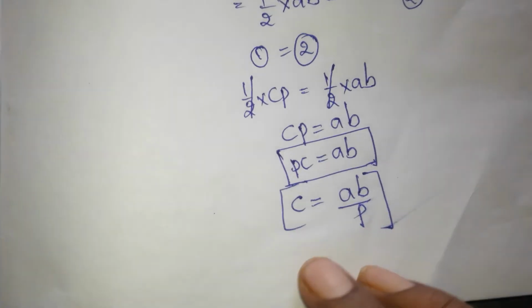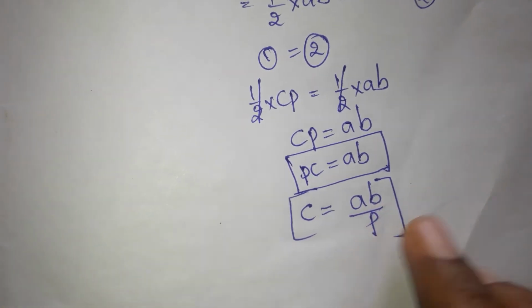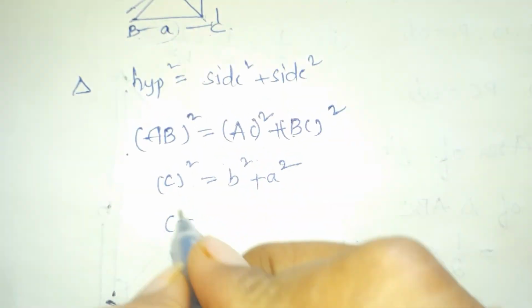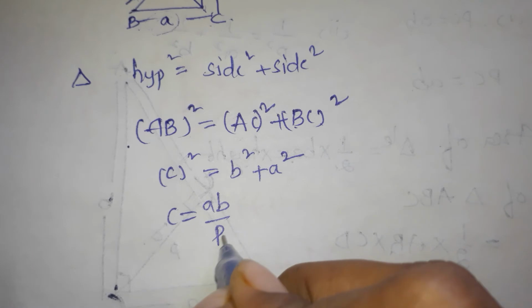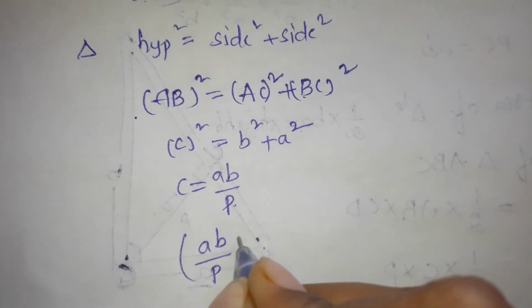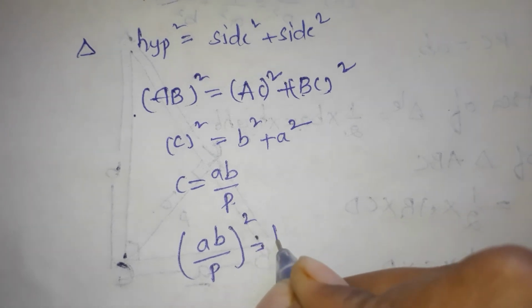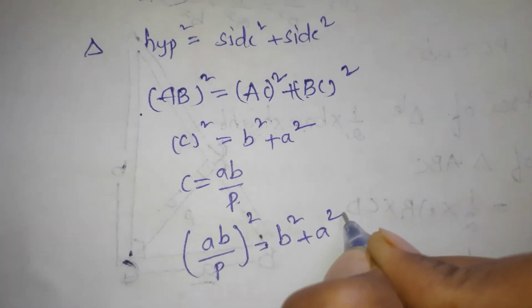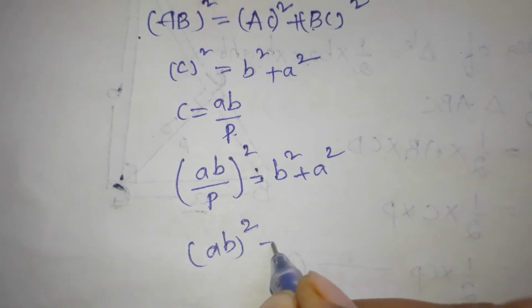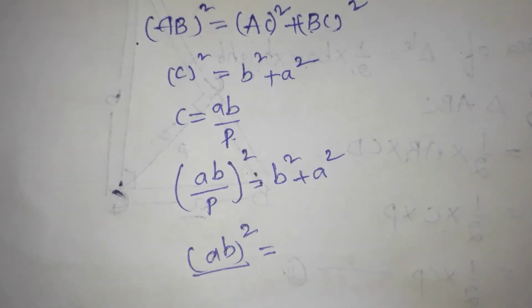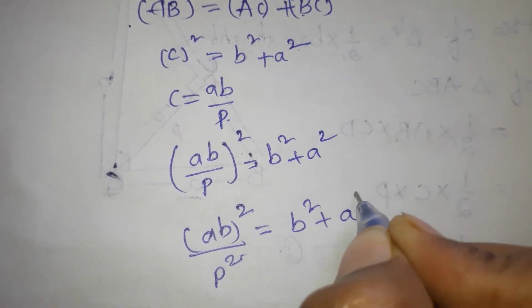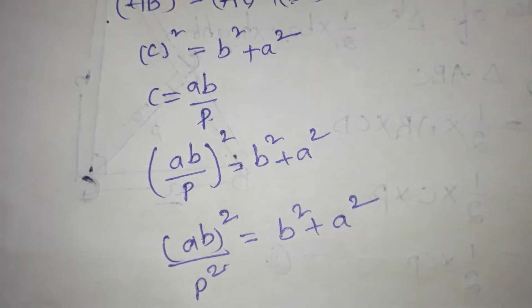As we know in the previous problem, C is equals to AB by P. So I am taking the same one, that is C is equals to AB by P, right? Okay. So AB by P whole square is equals to B square plus A square, right? Here I'll write AB square by P square is equals to B square plus A square, right?